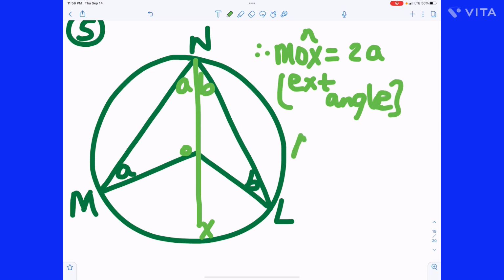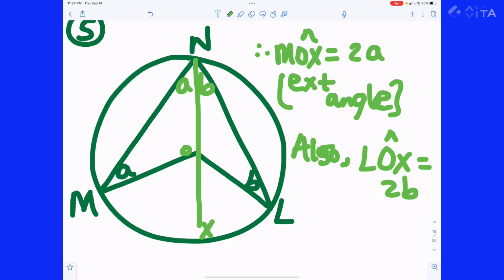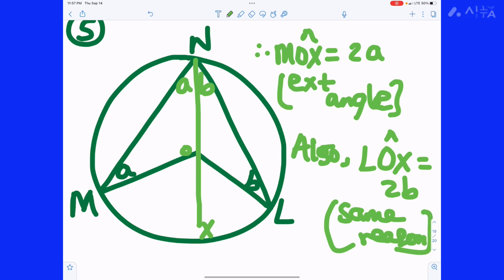Also LOX is 2B. Same reason. MOX is 2A, LOX is 2B.